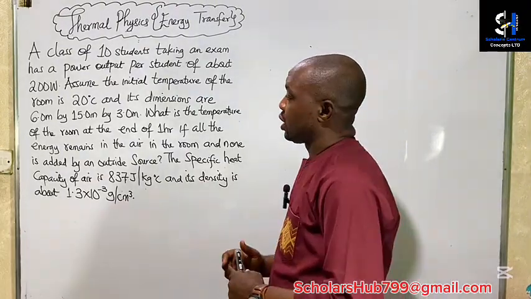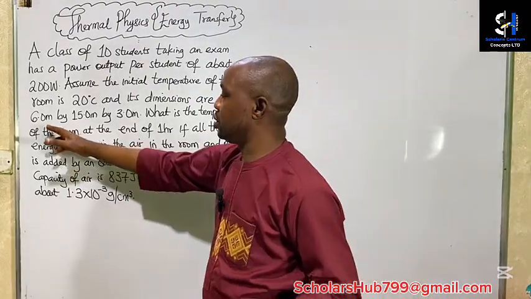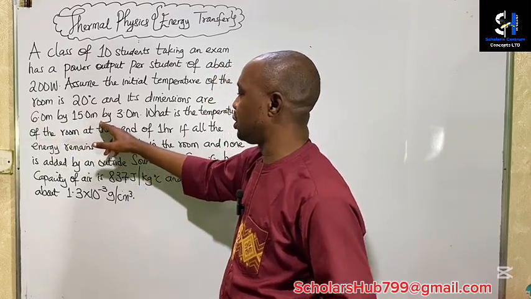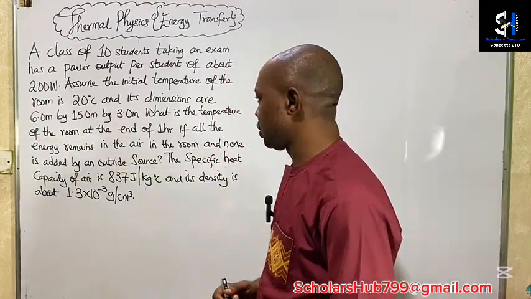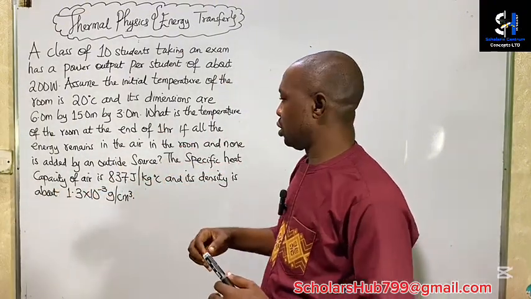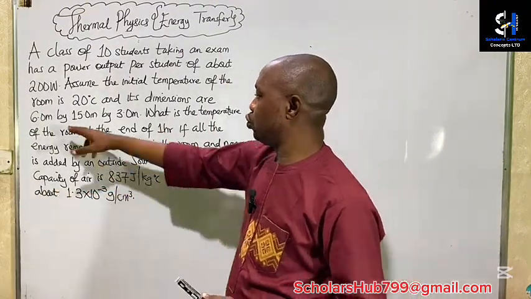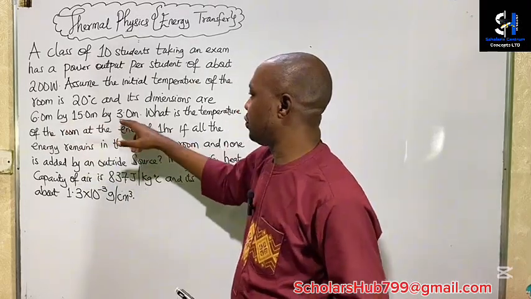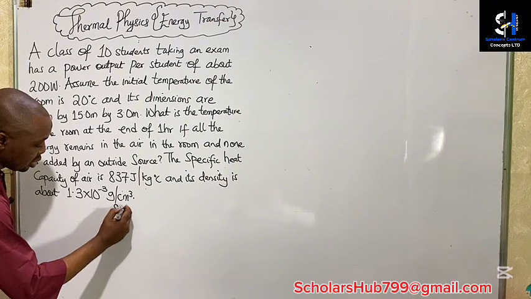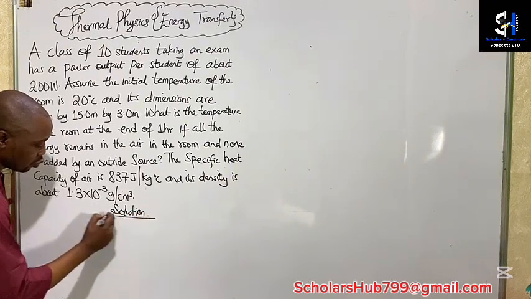That's why we have the dimensions 6.0 meters by 15.0 meters by 3.0 meters. So the volume of the room will be calculated from here. But first things first, let's first calculate the total power output.